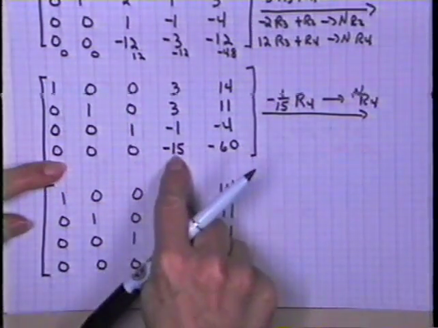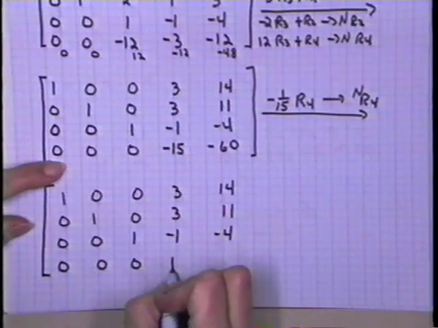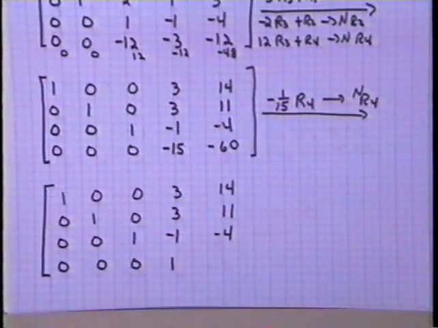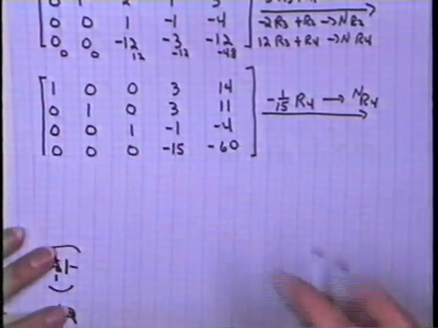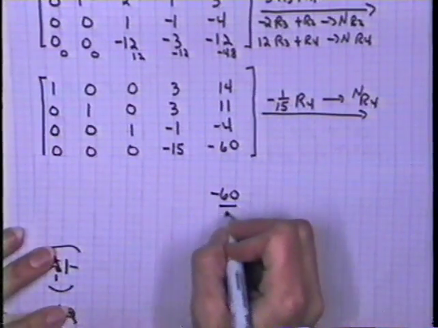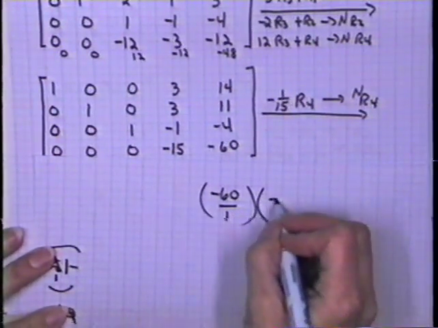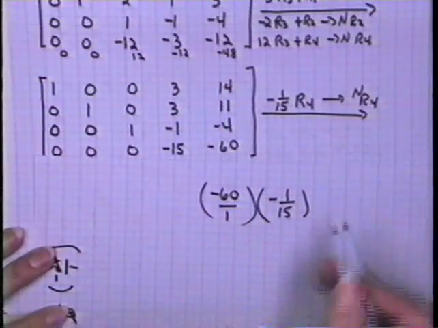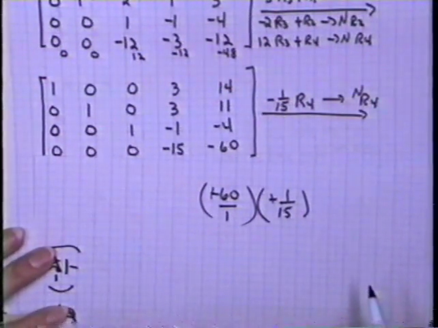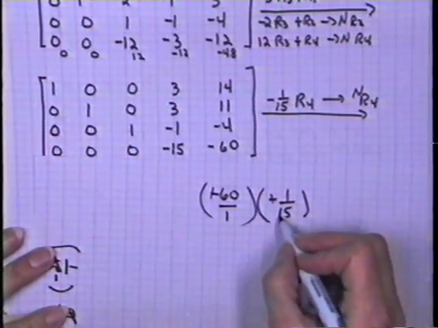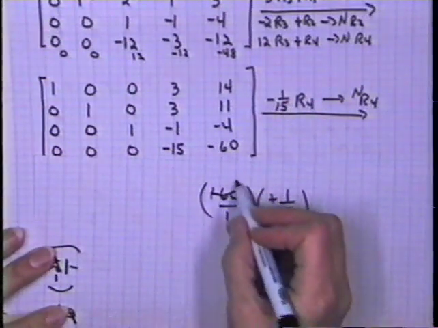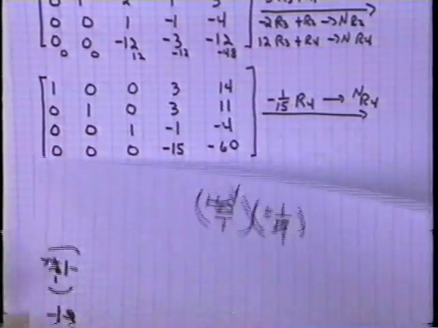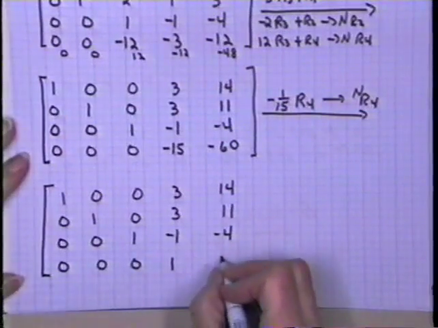Negative 1/15 times negative 15 is a positive 1. Now, again, if you need your scratch paper, we're multiplying negative 60, that's over 1, times negative 1/15. Notice we're going to get a positive, and 15 will cancel with 60, won't it? How many times? 4? So I'm going to get a positive 4.